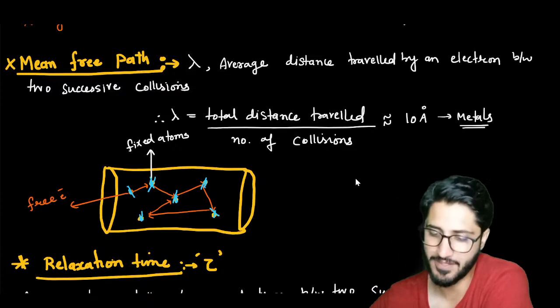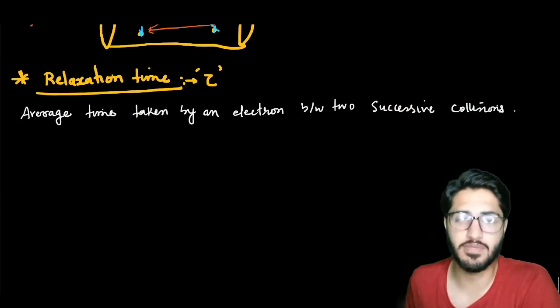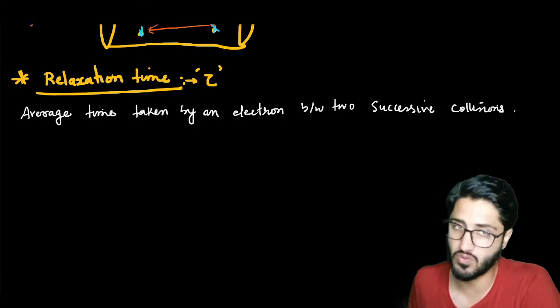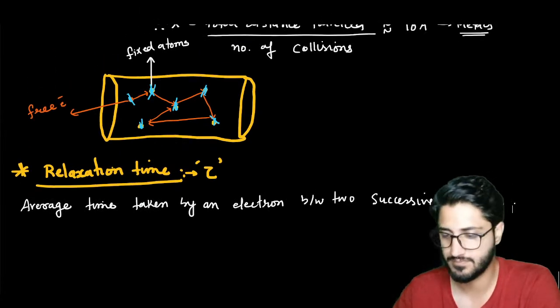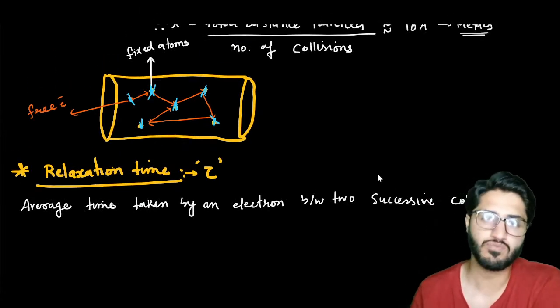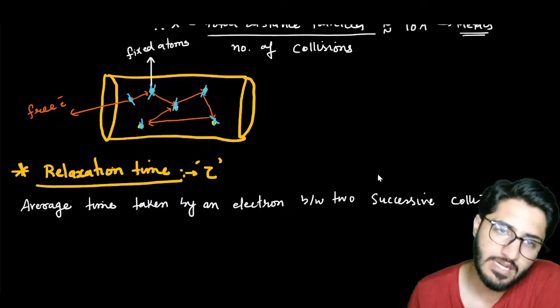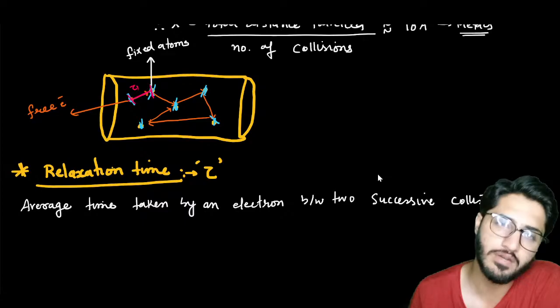Okay. Thank you, beta. Relaxation time means it is the average time taken by an electron between two successive collisions. That means look here. Suppose the particle is going from this to this, one collision. It takes time, let us suppose tau one.